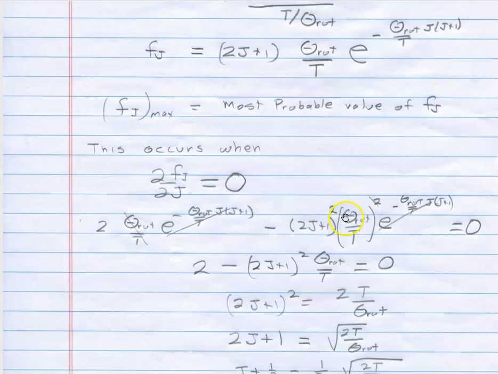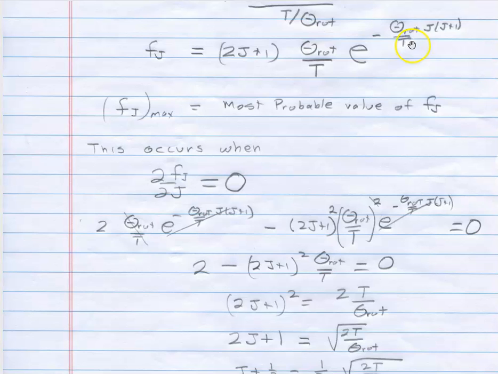If I do that, what I get is the exponential back again times the derivative of its argument up here. That'll pick up a minus theta rotation over T, which will combine with this one, so it gets squared.